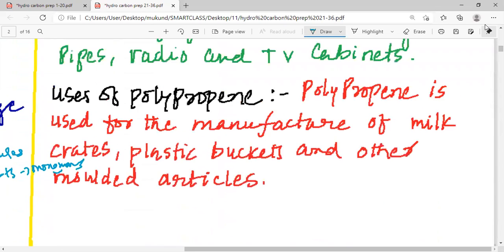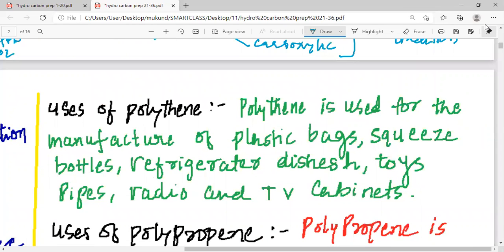Now let us study some of the uses of polythene. Polythene is used for the manufacture of plastic bags, squeeze bottles, refrigerator dishes, toys, pipes, radio and TV cabinets. So please remember that polythene is used to prepare various types of plastic bags.